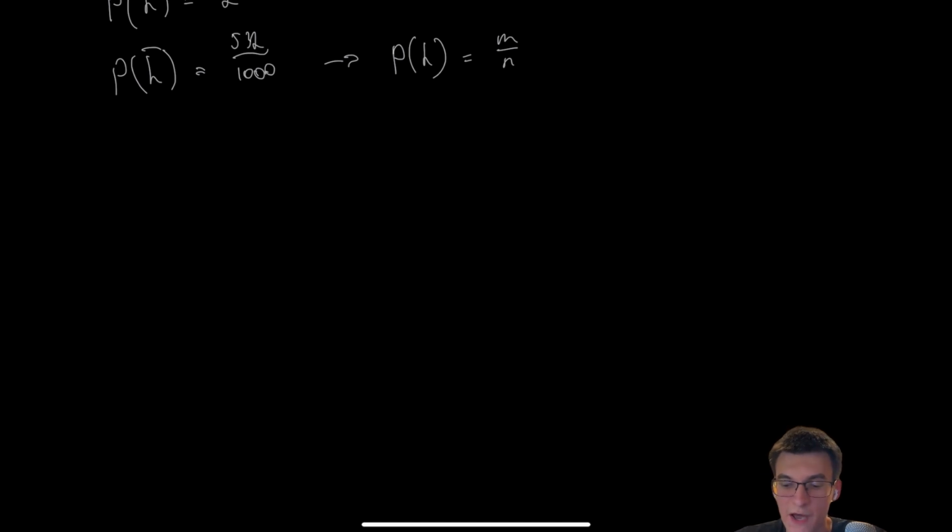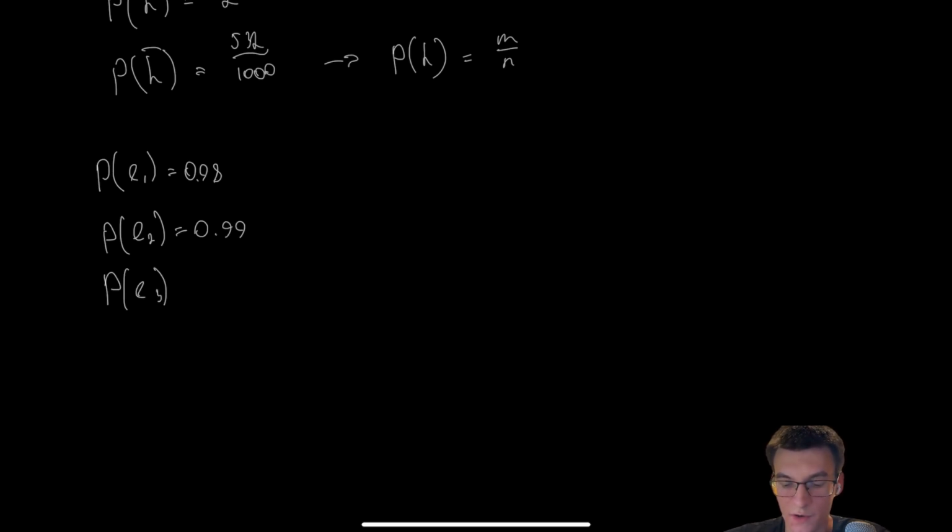For example, suppose the chance of the first event E1 equals 98%, or 0.98, and the probability of the second event is in a similar range, like 0.99, and the third one equals 0.95, and so on.